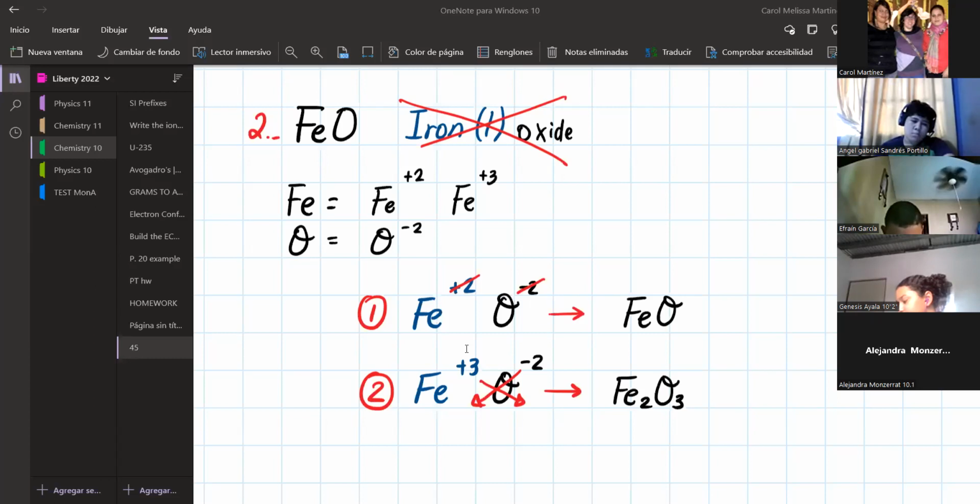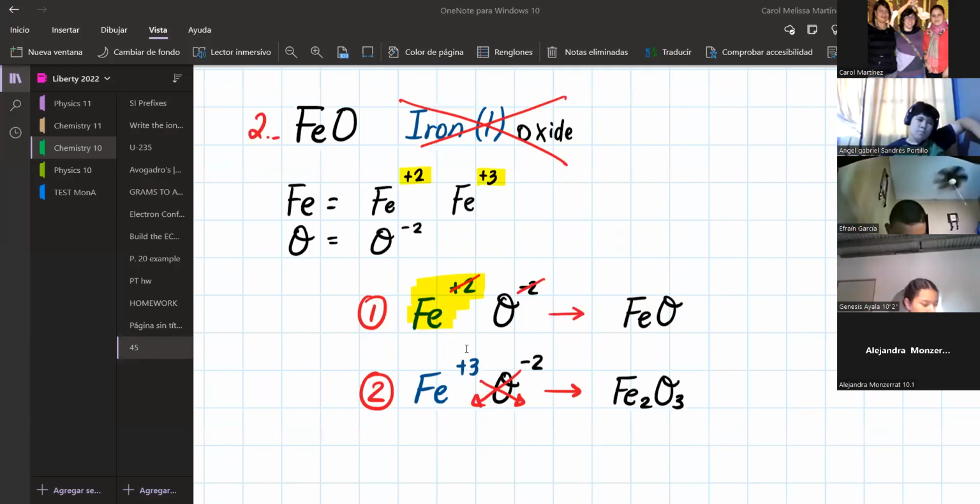As you notice in the first one, after I combine iron 2 with oxygen, I got fail. So with this, you notice that it's not possible to have iron 1. This one is not iron 1. This one is iron +2. Remember, we only have two possibilities for iron that are right there in the periodic table.